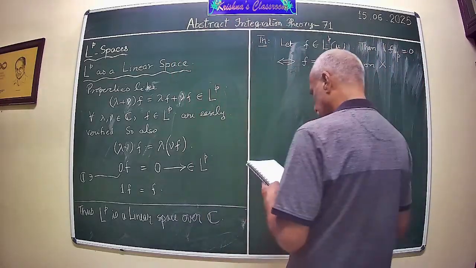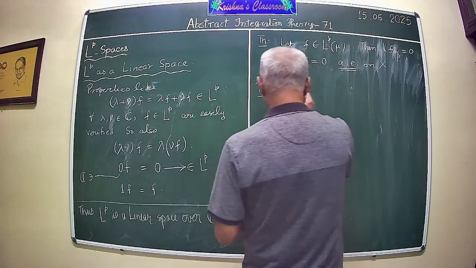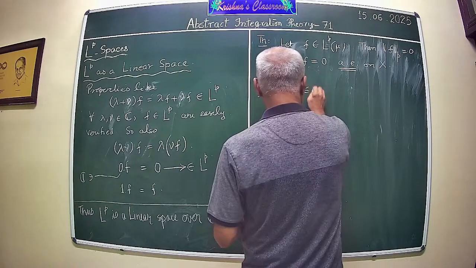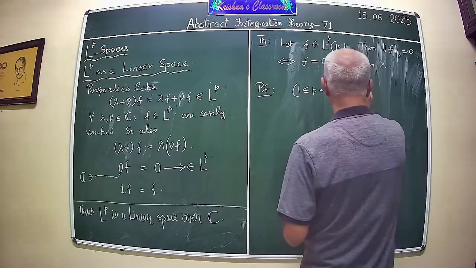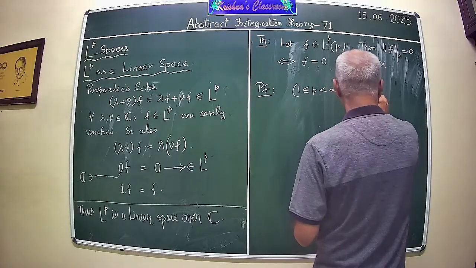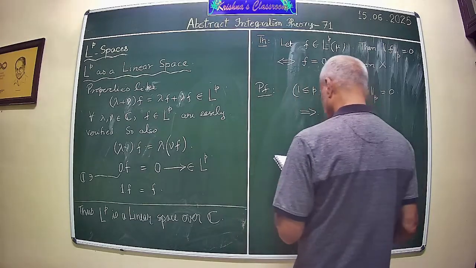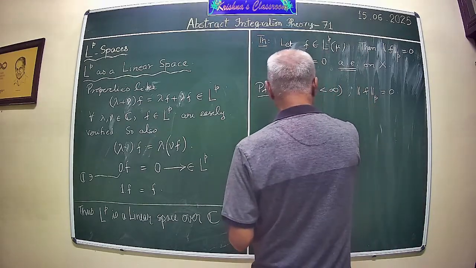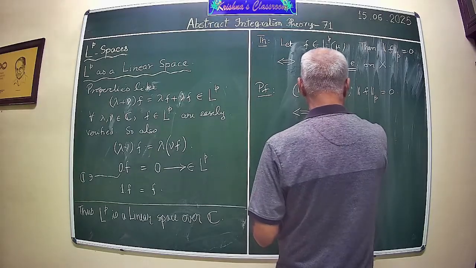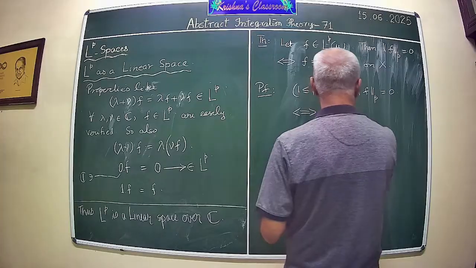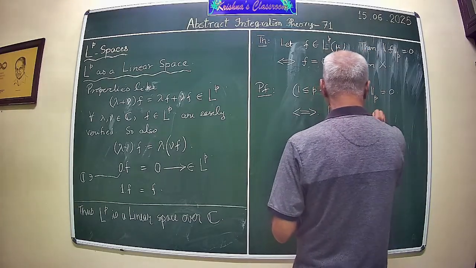Okay, first we look at this one. We take the case 1 less than or equal to p less than infinity. Okay, so we take norm of f p equal to zero.